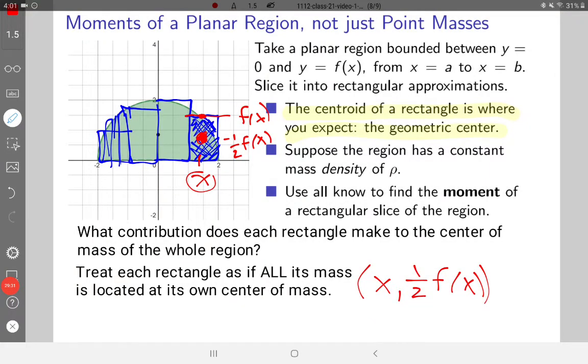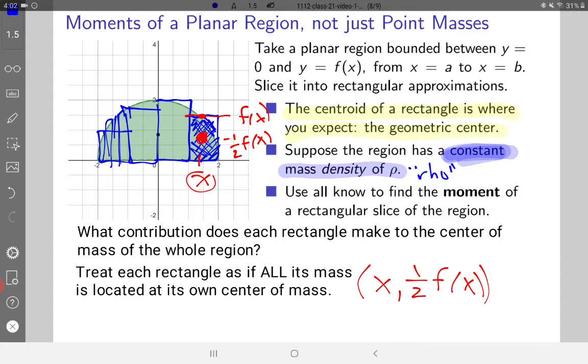And then for the mass, here's where I start to introduce this concept of density. Let's assume that the planar region has all of its mass spread out uniformly, so it has a constant mass density of rho. That may look like a little p, but that's actually the lowercase Greek letter rho. It is very commonly used as a notational symbol in physics for mass density or other kinds of density like this.